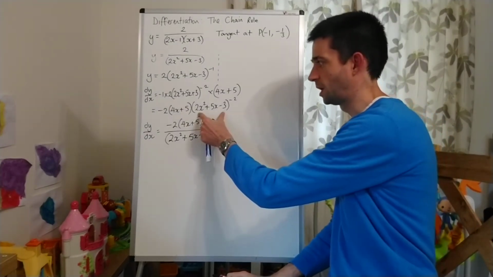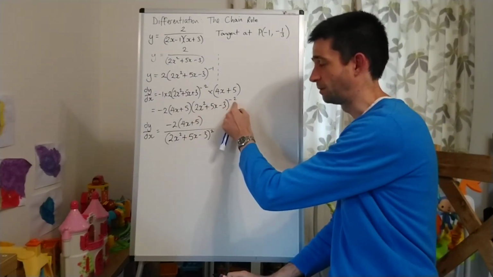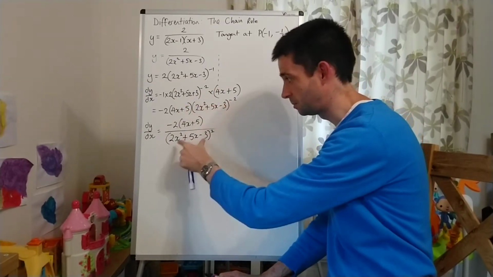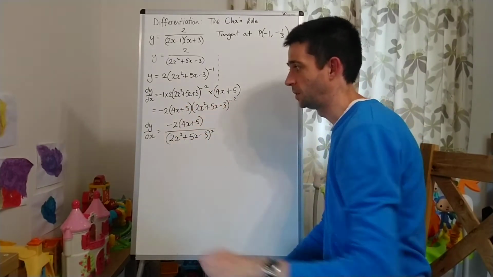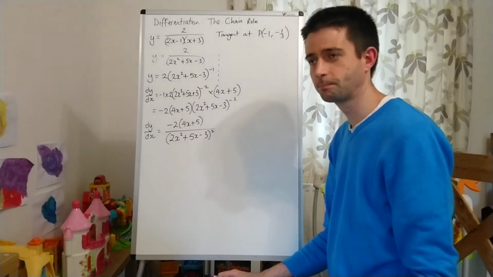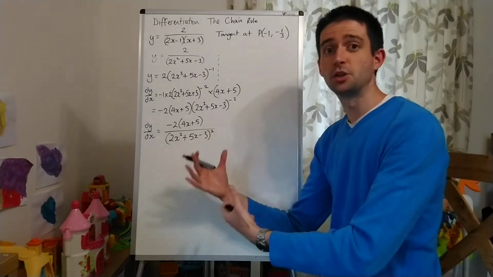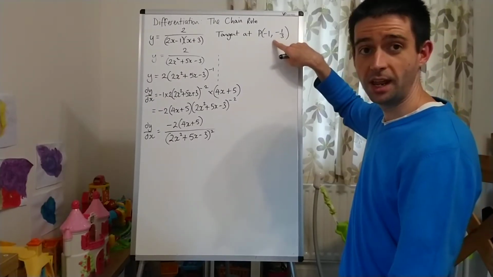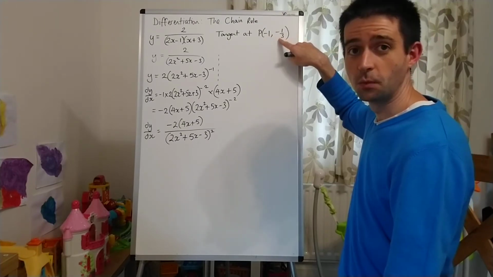That bit to the power of -2 is like having the reciprocal, 1 over, so this bit goes underneath and you're left with -2 and 4x plus 5 on the numerator. So this is the gradient function, and we want the gradient at this point here, (-1, -1/3).